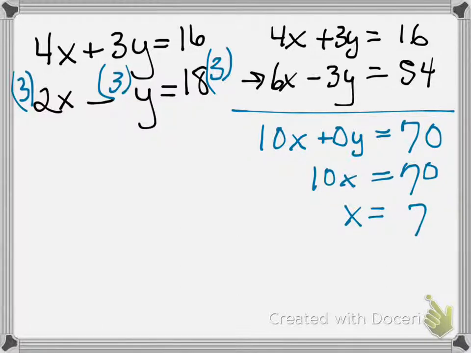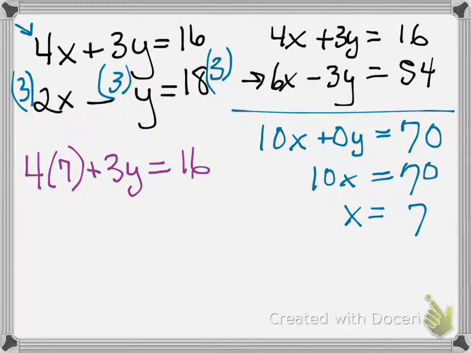Okay, now I know one of them, and once you know one of them, it actually goes pretty quick. I'm going to go back to my original equation here, and it really doesn't matter which. I'll go back to the first one. Now I know that 4x is really 4 times 7, because I know that my x is now a 7. Plus 3y equals 16.